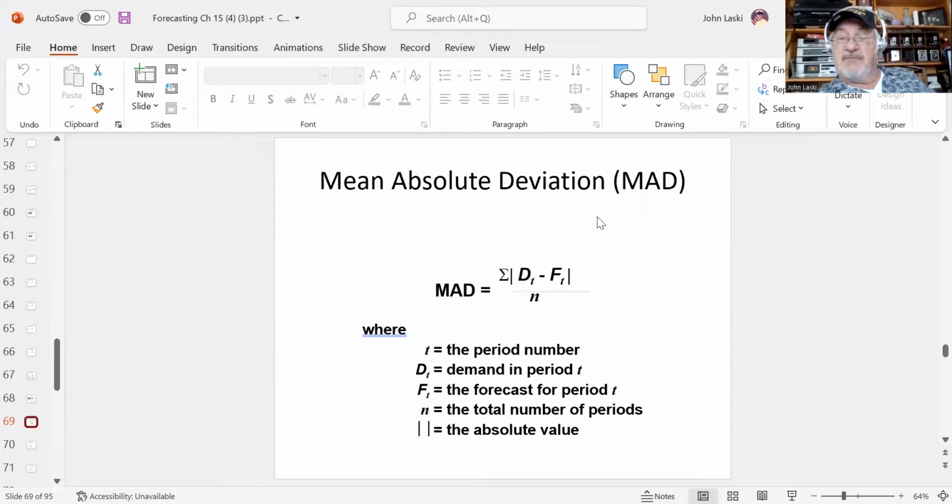That's right, absolute value. In other words, we don't care about the polarity. The sum of the D minus Fs, the sum of the actual demand versus what we had forecast, that error. So the sum of the absolute value of D minus Fs, and you can faintly see the line. That's the numerator. The denominator again is N.